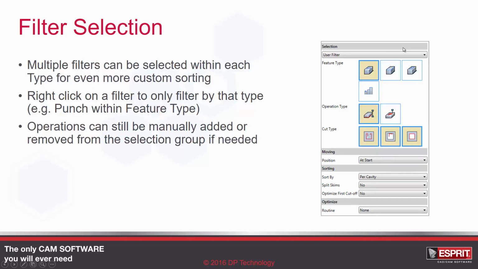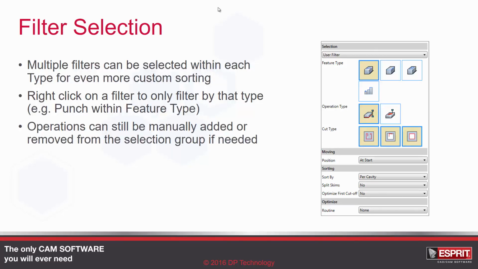Okay. As we use our filter, we can actually select multiple filters. So here you can see, for example, we have a feature type selected, an operation type, and 3 different cut types. You can left mouse click on each one and that will add to your selection filter. If you right mouse click, it will only filter that particular type.